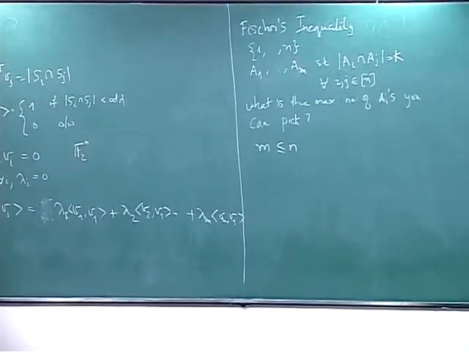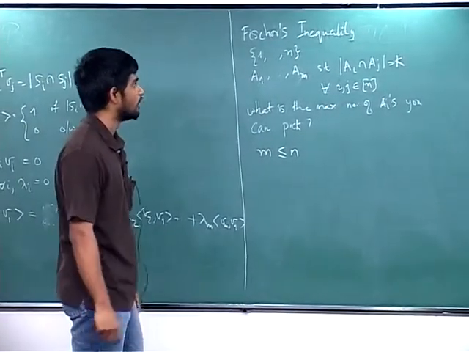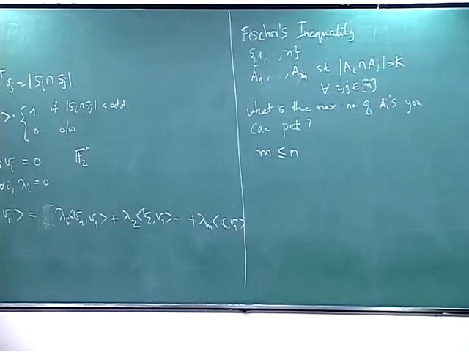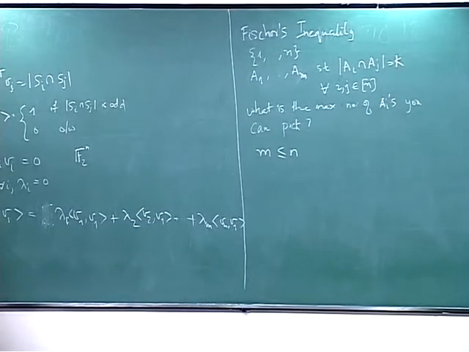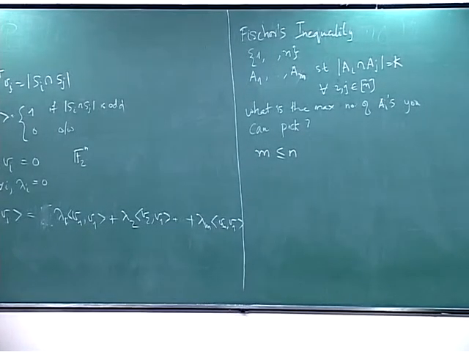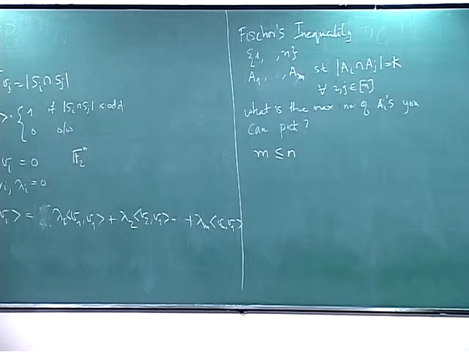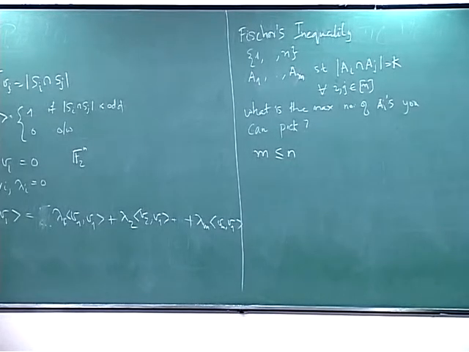Oh yeah, that is not correct. For 1 you can always do the following: I'm not sure. Take {1}, then {1,2}, {1,3}, and so on. Yeah, so n you can get.